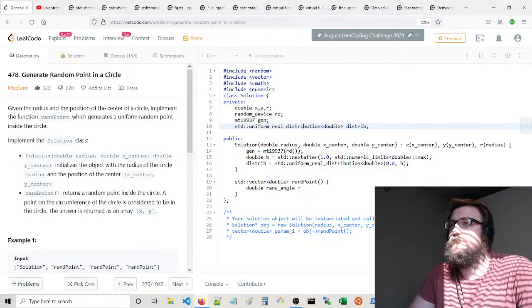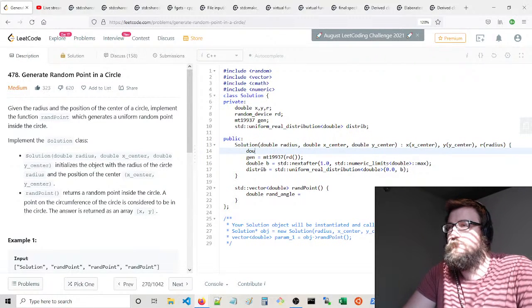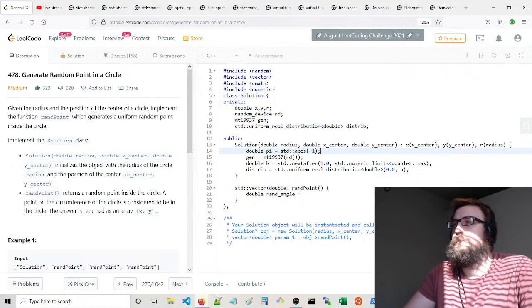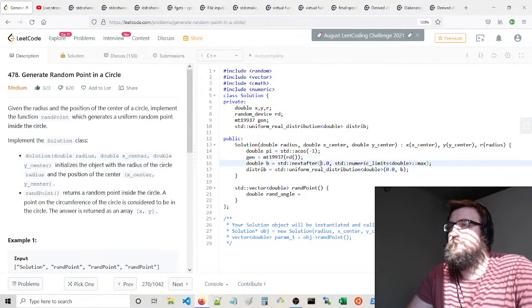That's another thing here. We'll do pi equals standard arc cosine of -1. Arc cosine of -1 is pi, right? So we need pi also.